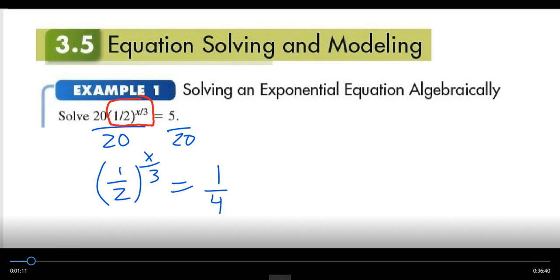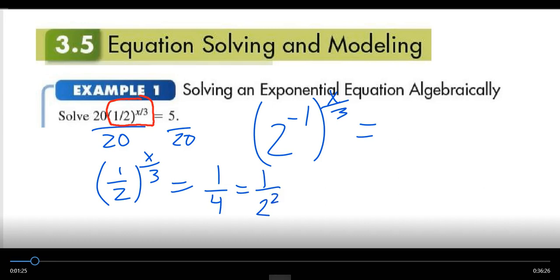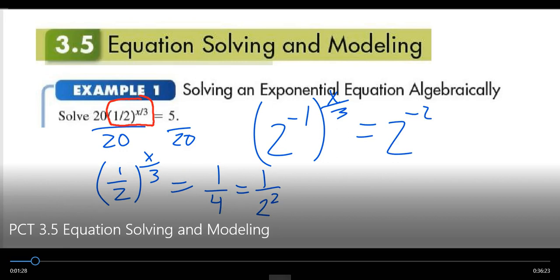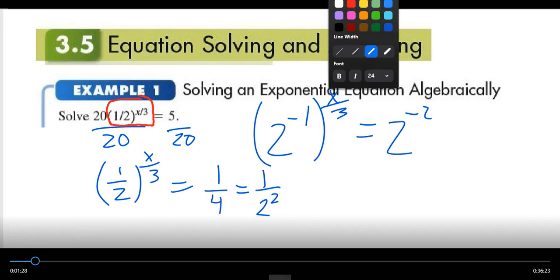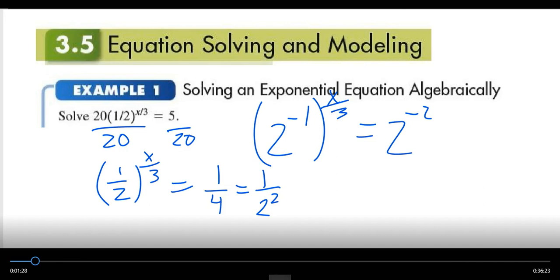Okay, so they have a common base of 2, so we've got 2 to the negative first. And everybody should know that 1 over 2 squared is the same thing as 2 to the negative second. Now, that's one thing I think you struggle with, realizing that you need to rewrite on both sides.